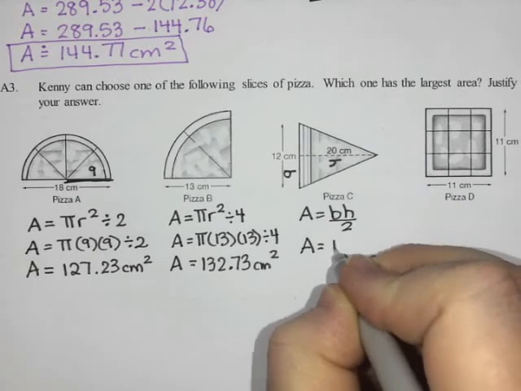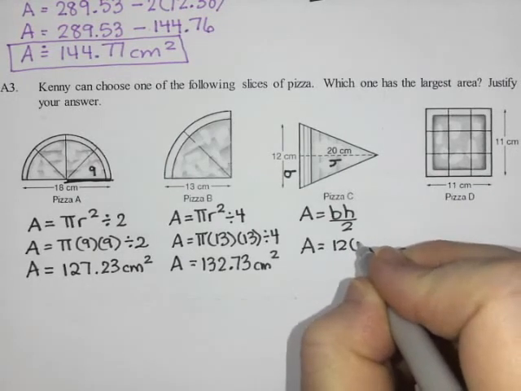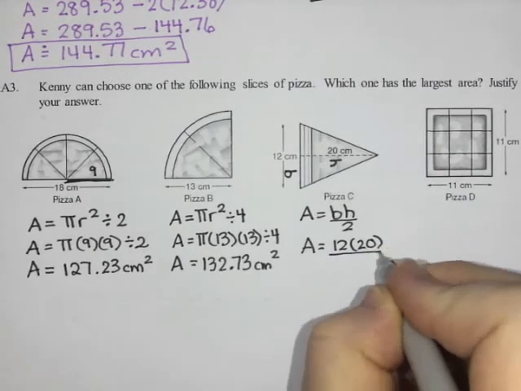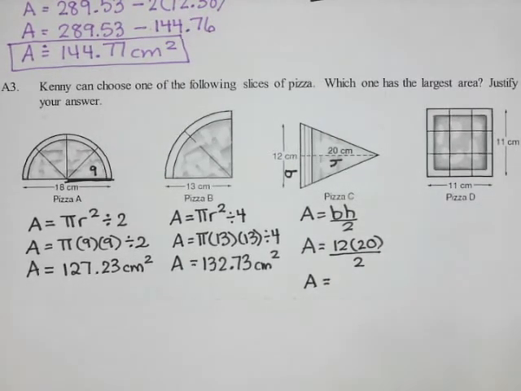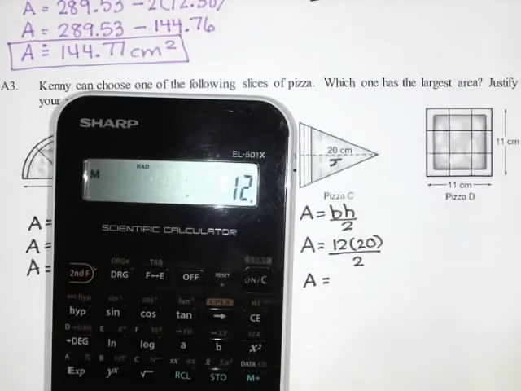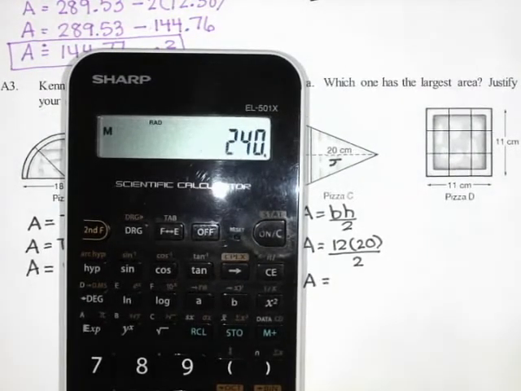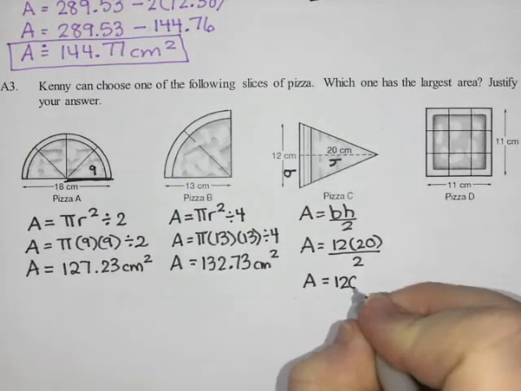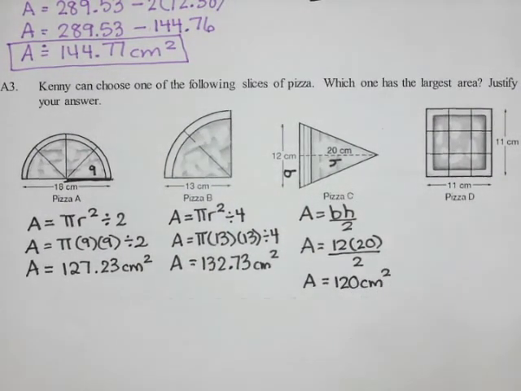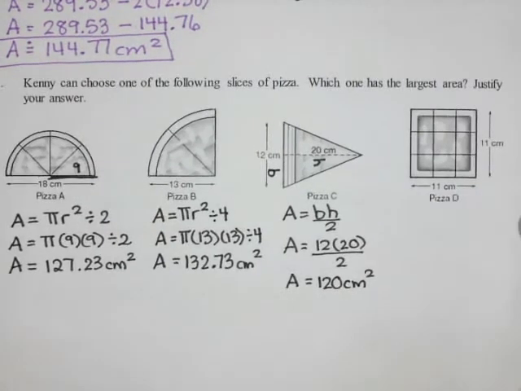So the base is 12, the height is 20, and then divided by 2. So 12 times 20, and then divided by 2 is 120 centimeters squared.